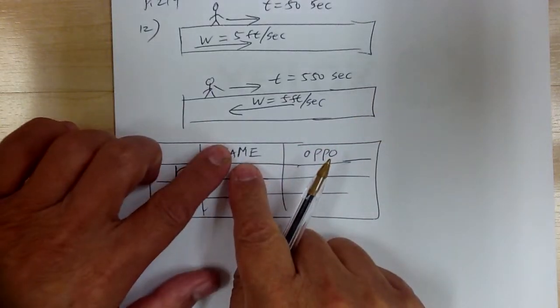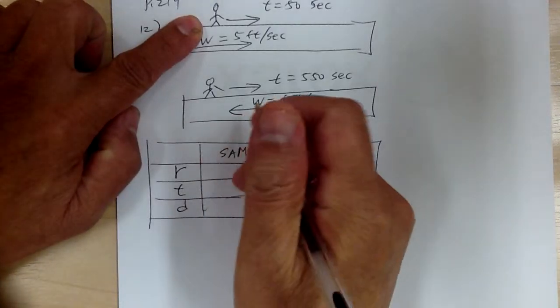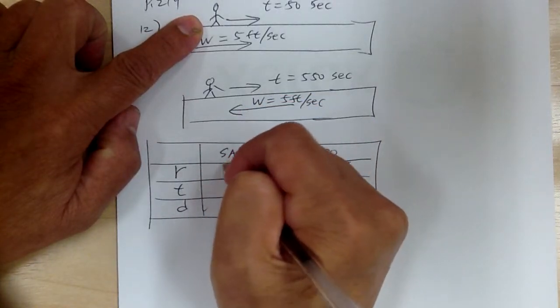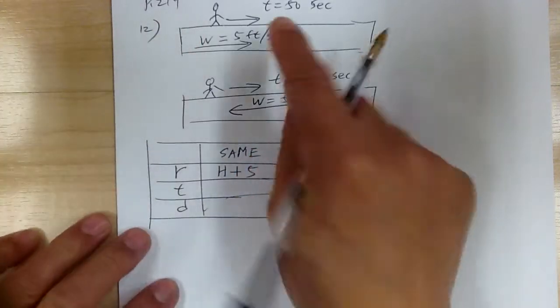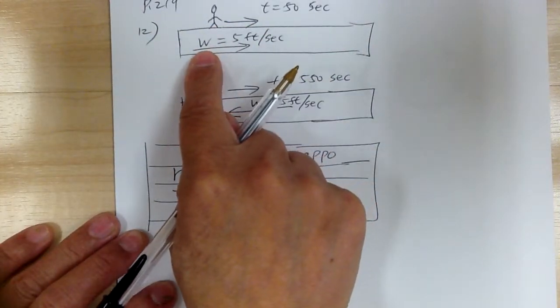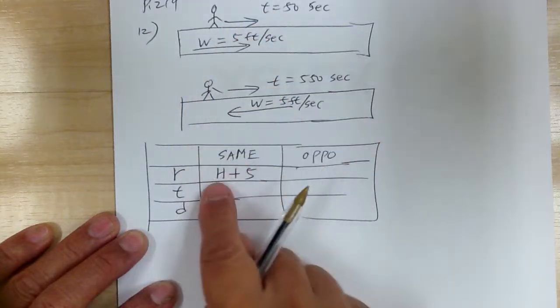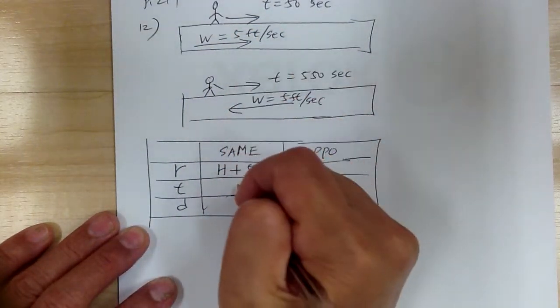So when it's going the same direction, it will be the speed of Hugh plus 5, because she's walking and the walkway is moving at 5 feet per second, so they're in the same direction, so you add. And the time is 50 seconds.